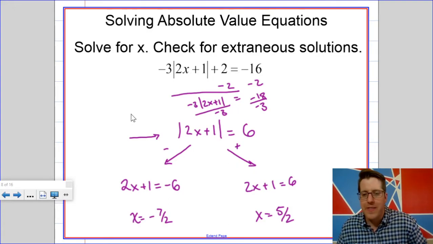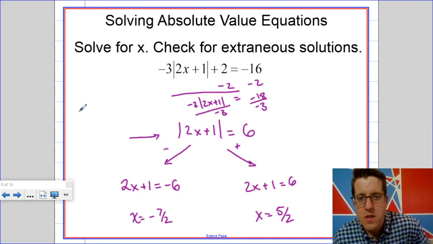So if we plug this negative 7 halves back in, we're going to get negative 3 times the absolute value of negative 6 plus 2 equals negative 16.